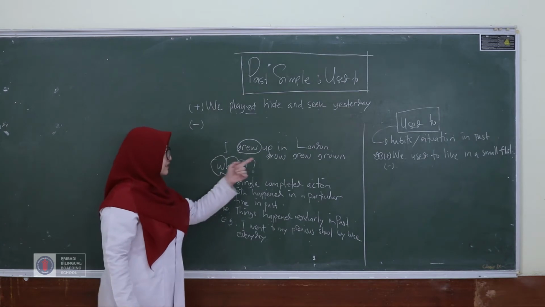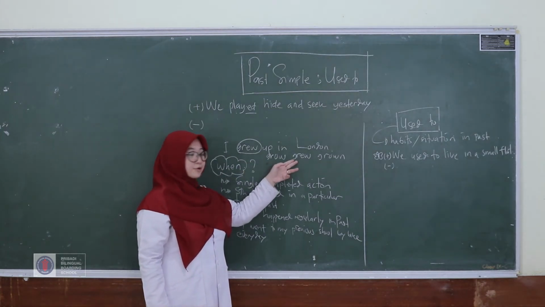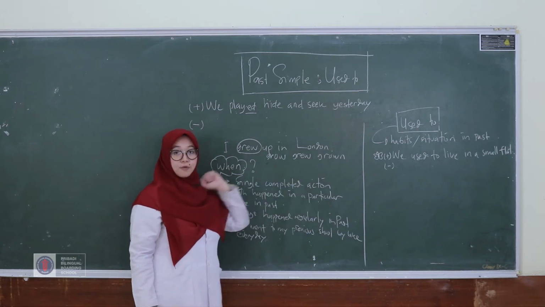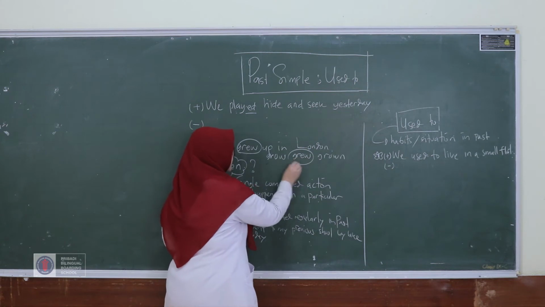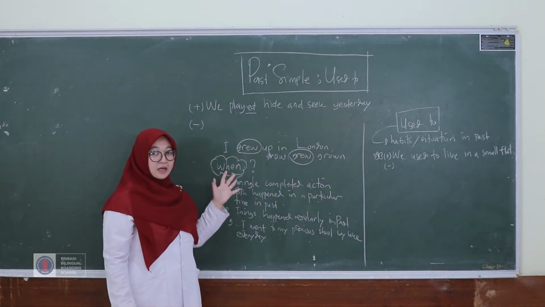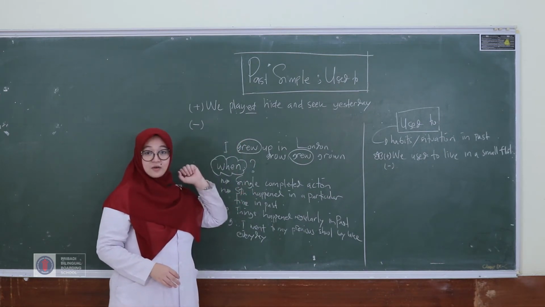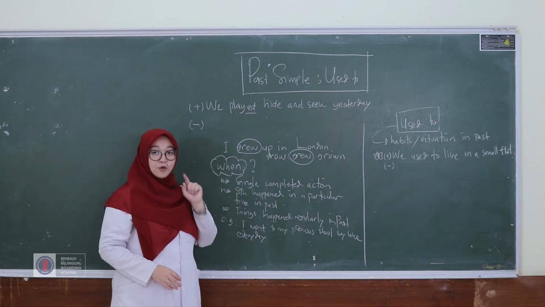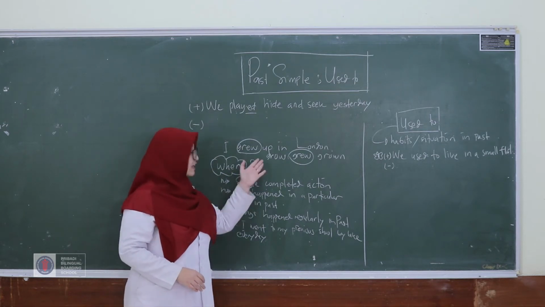This is verb 1, grow, verb 2, grew, and verb 3, grown. For past simple, you have to use the second verb. It's not a problem when you use a regular verb, such as "played"; you can just put -ed. But we have to be careful when we use an irregular verb, just like this one.